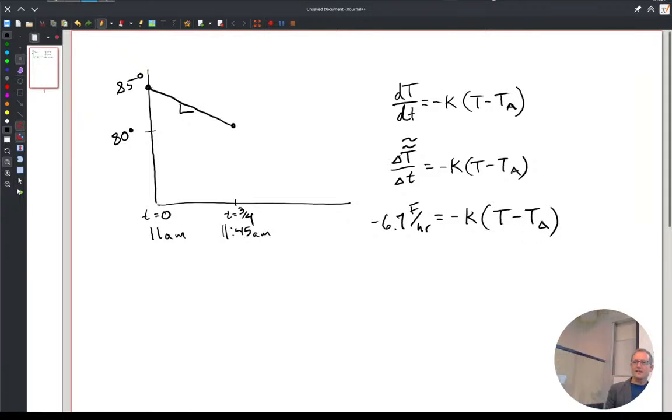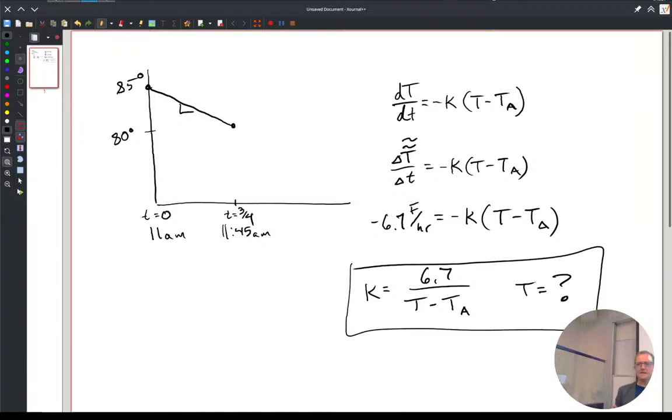So when I calculate K and I divide that negative 6.7 by T minus TA, what T do I use? Do I use 85 degrees? Do I use 80 degrees? Right now I know that K is going to be 6.7 over T minus TA. But what is T at 11:45?